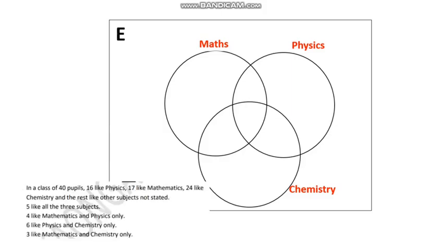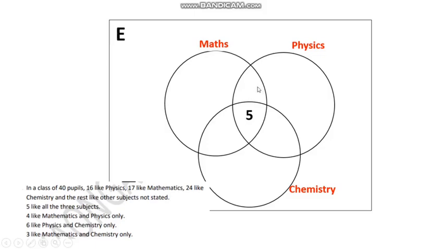Now, there is very important information here. They have said 5 pupils liked all the 3 subjects, so the 5 you are going to write in the middle. This is the part showing that these learners liked mathematics, physics, and chemistry. Then we have pupils that liked physics and maths only, which should be placed here only.